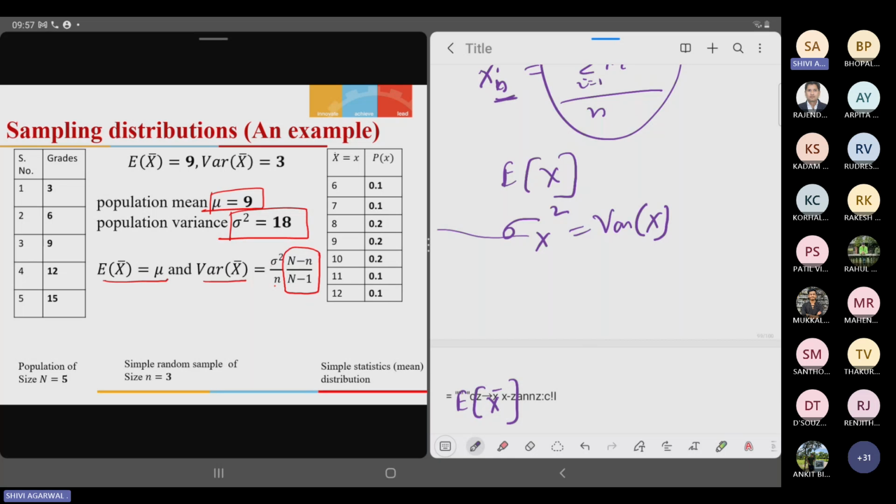Mr. Mahesh, the course for the EC2 examination is up to the exponential distribution. This part is not in the syllabus of the EC2 which we are doing.